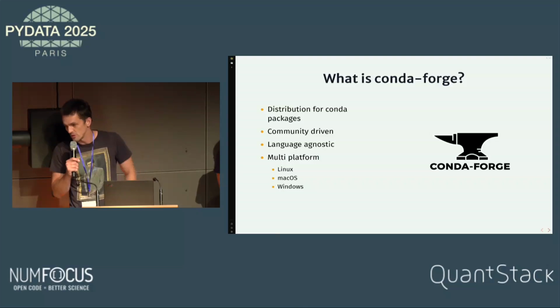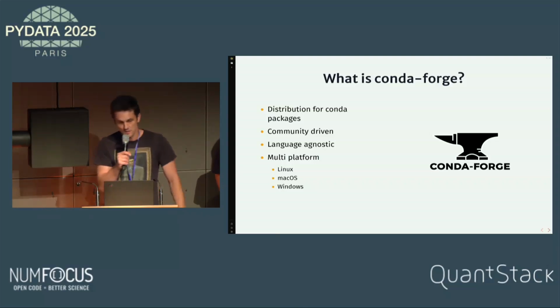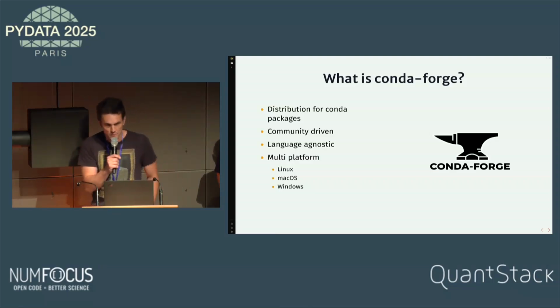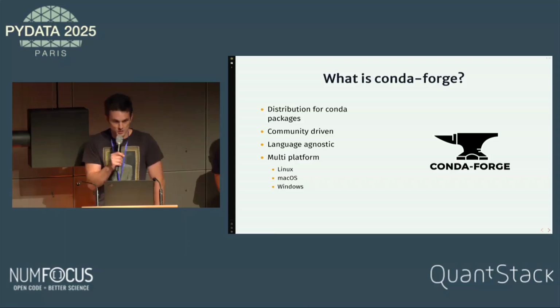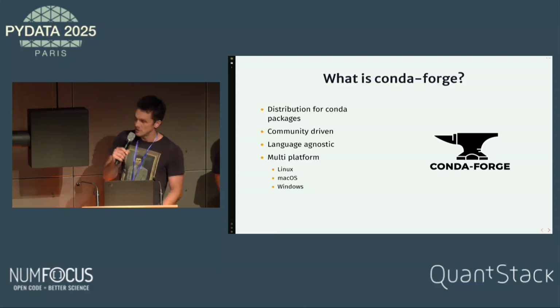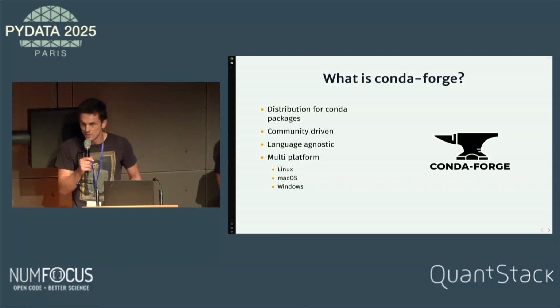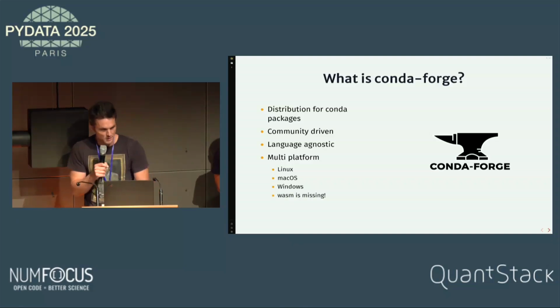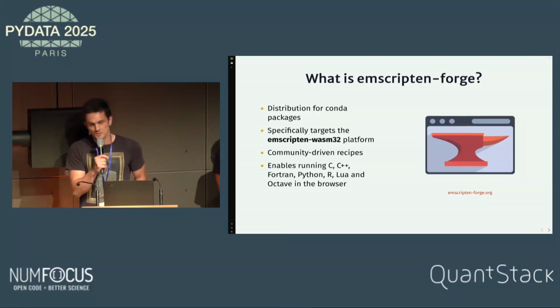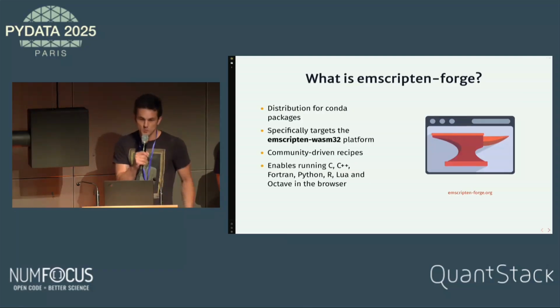That's a difference to pip, for instance. Pip is mostly for Python stuff. Conda is also mostly for Python stuff, but also for C++, R, and other packages. It's multi-platform, so you can use conda packages on Linux, macOS, Windows, but WebAssembly is missing. And this is essentially where we step in with Emscripten-forge.